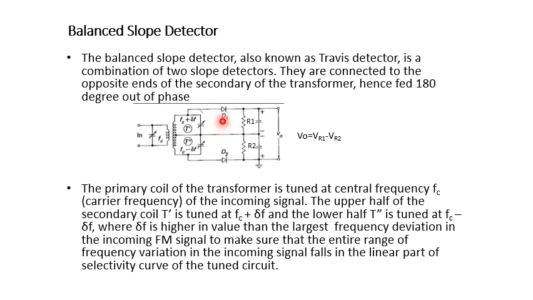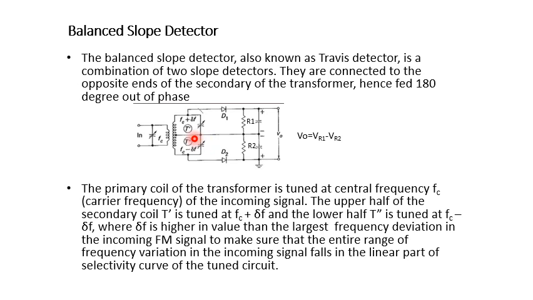So these two are the two circuits of slope detector connected back to back. This circuit is named as T dash, and the lower circuit is named as T double dash.